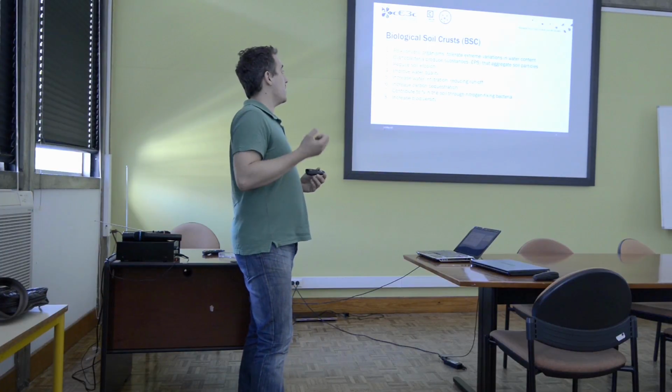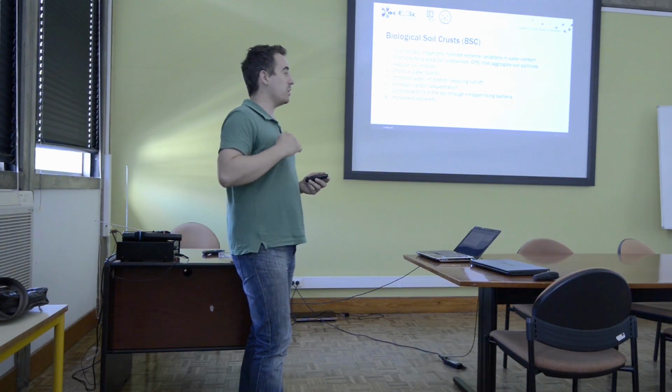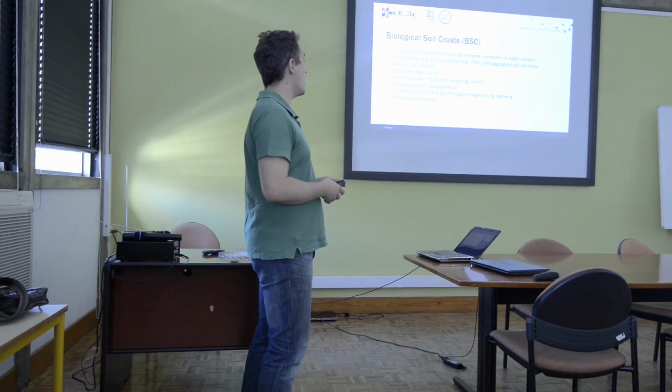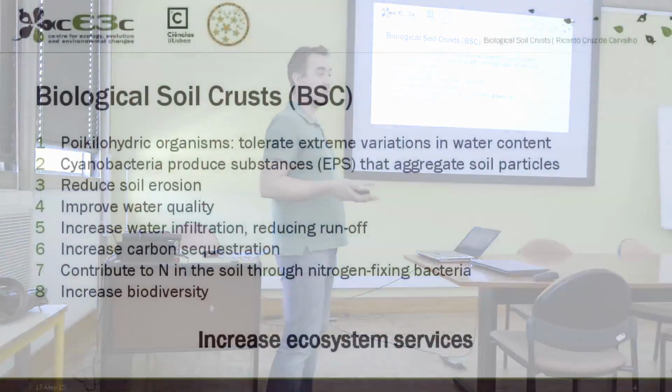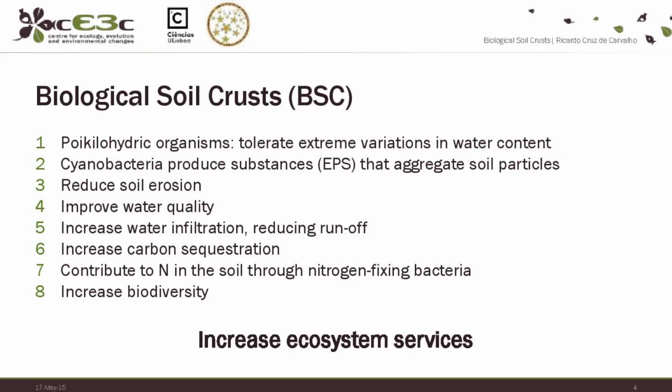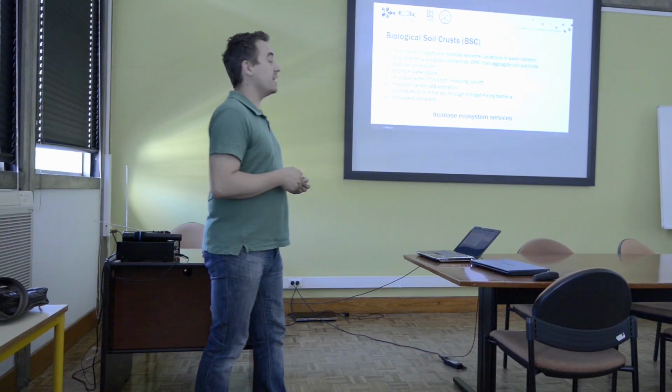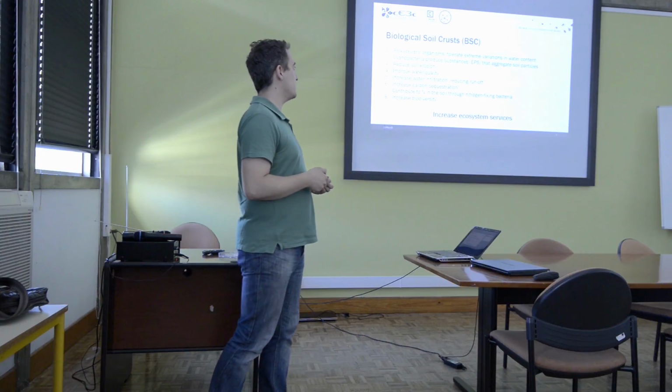It can increase water infiltration, reducing surface runoff, and also can increase carbon sequestration because it can photosynthesize. Some bacteria, nitrogen-fixing bacteria, can increase the content of nitrogen in the soil, and it also increases biodiversity. So there is an increase in ecosystem services.